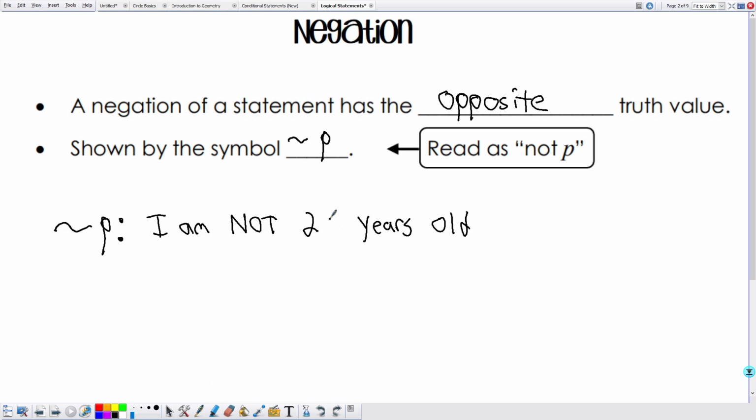And, of course, since the original statement had a truth value of true, this one has a truth value of false. So again, the negation always takes the opposite truth value. And usually, if you're thinking of it in terms of written language, you just throw the word not in there so that the statement has the opposite meaning.